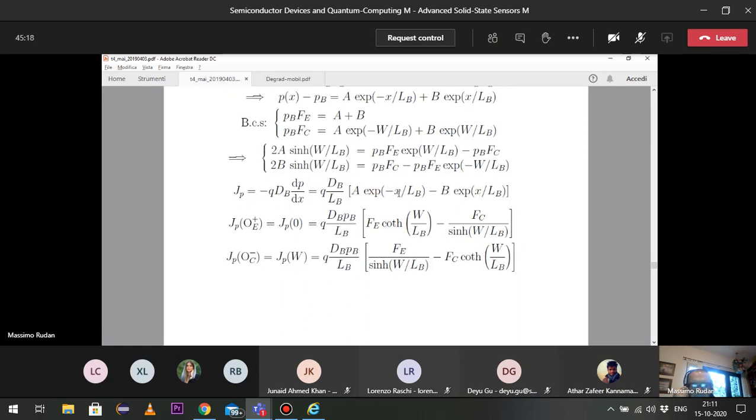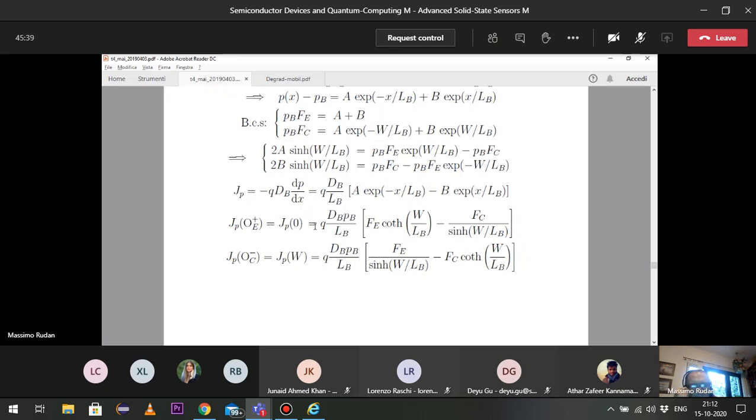Then if we let x equal to 0, remember 0 here coincides with 0E plus, we obtain Jp of 0E plus, and this is given by this rather complicated expression here.